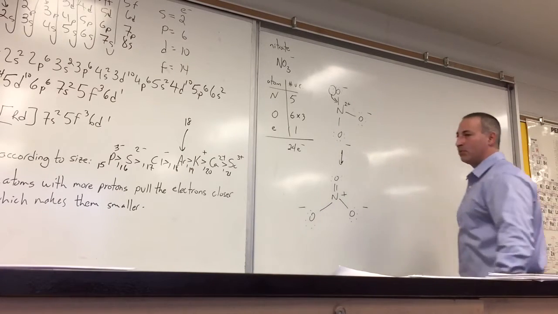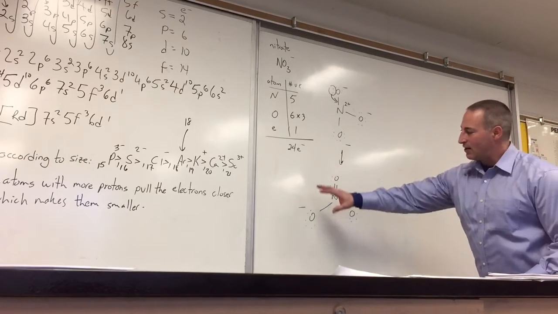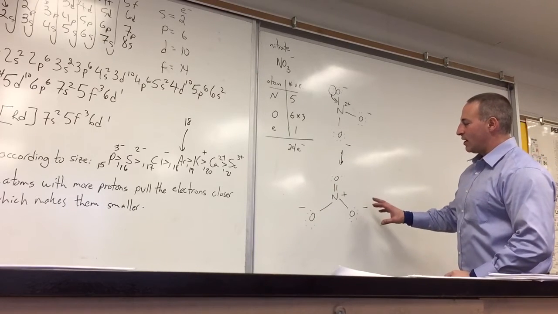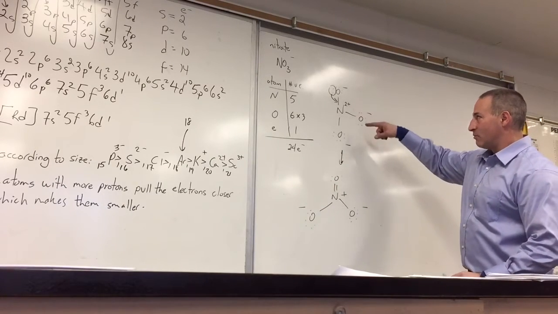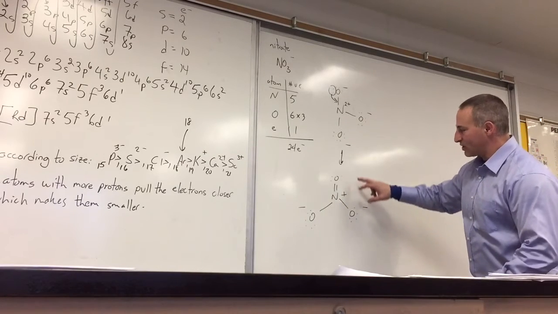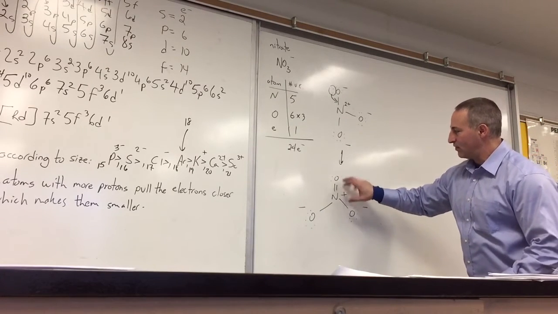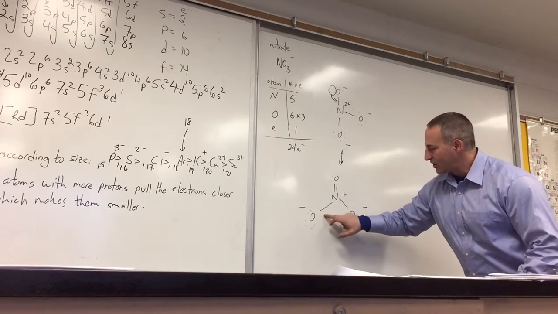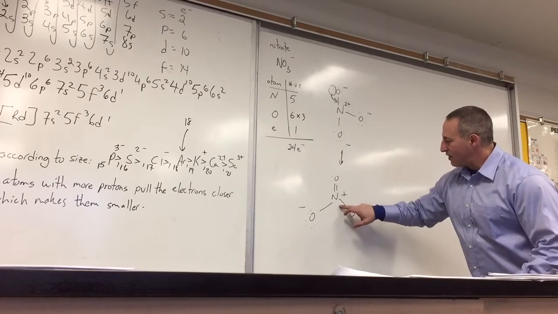This nitrogen will still be plus 1, so you'll still have some formal charges, but now you've minimized the number of formal charges, and nitrogen has a full octet, and so do all the other oxygen atoms. See, we have 2, 4, 6, 8 on this oxygen atom, 2, 4, 6, 8 on that one, 2, 4, 6, 8 on that one.